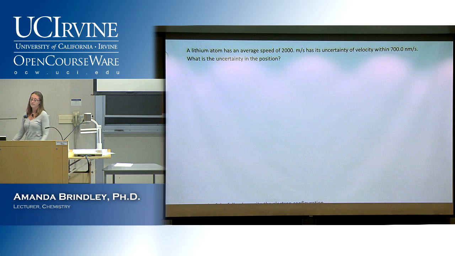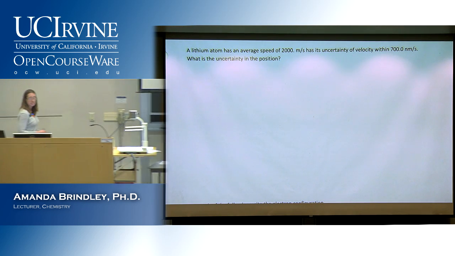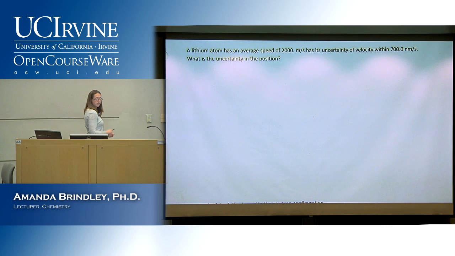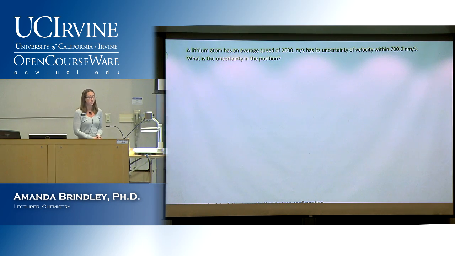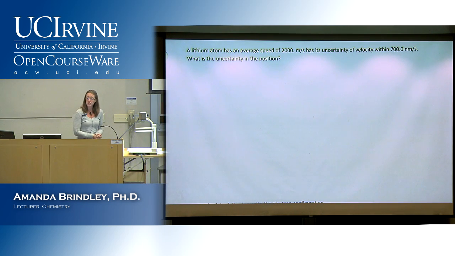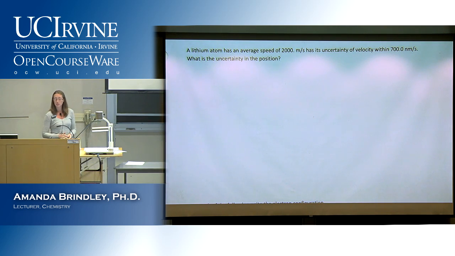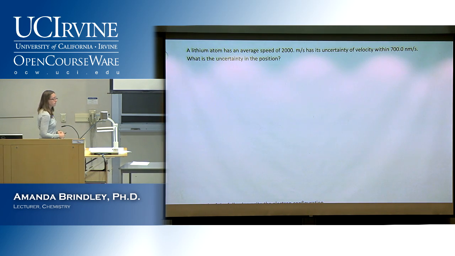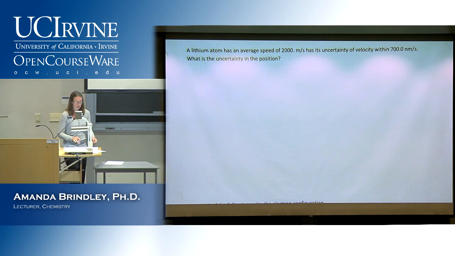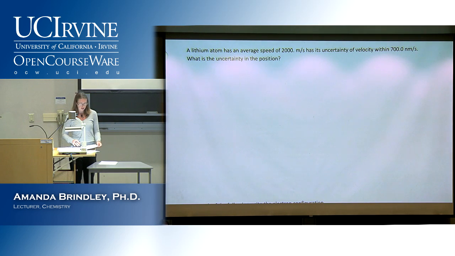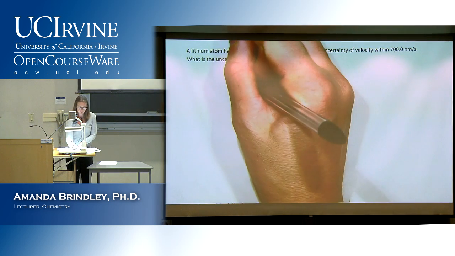All right. We have a lithium atom with an average speed of that. And there's a little decimal point to indicate we have extra sig figs. It has an uncertainty of velocity within 700 nanometers per second. What is the uncertainty in position? Okay, so which equation do we use for this? Yep.